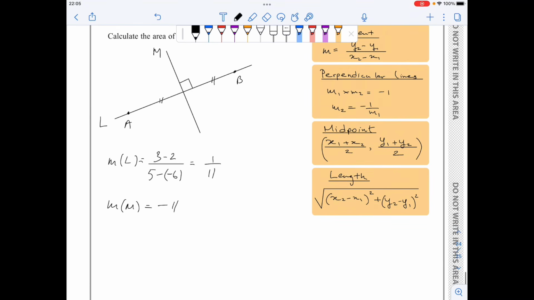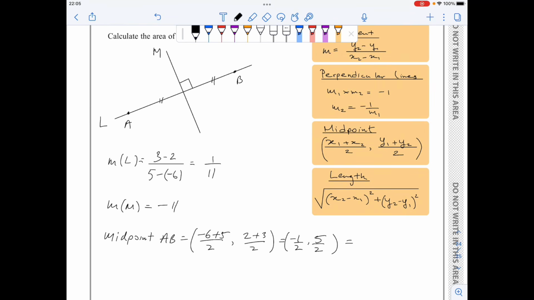I'll also need the midpoint of AB, and according to this formula, this will be minus 6 plus 5 over 2, comma 2 plus 3 over 2. This comes out to be minus 1 over 2, 5 over 2.